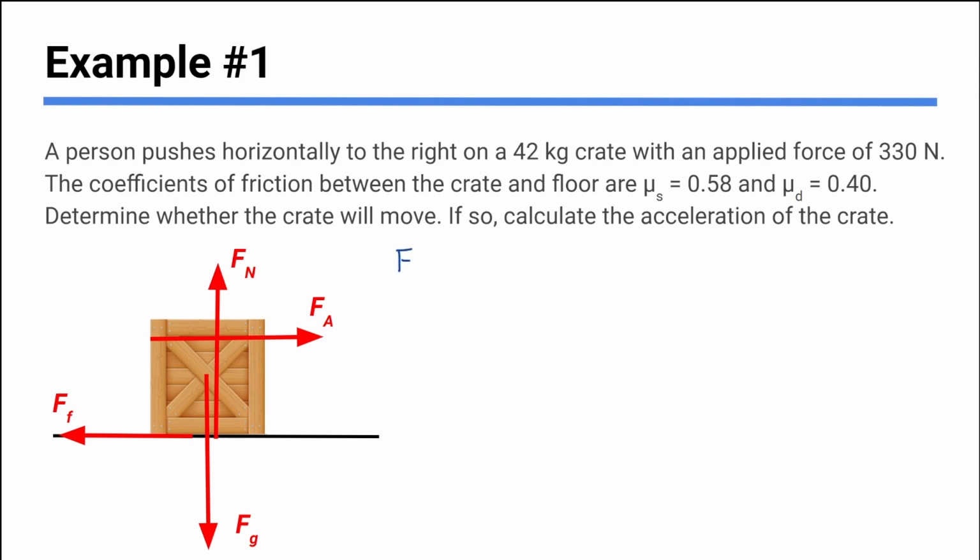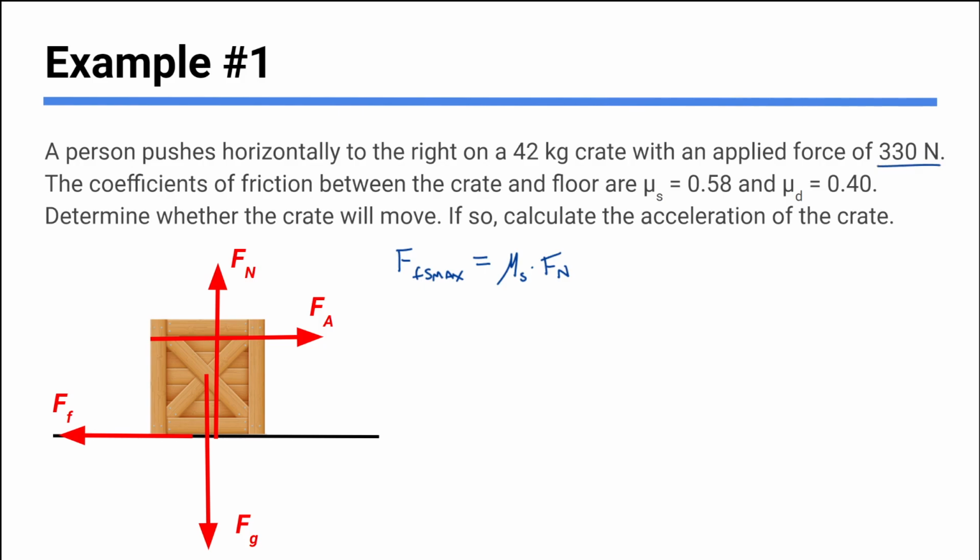And I remember I can use the data booklet equation. The data booklet equation is an inequality that the static force of friction is less than or equal to, but I'm going to do equal to because that'll give you the maximum. So the biggest static friction could be is the static coefficient of friction times the normal force. That's the biggest size it can have, because it could be less than or equal to this.